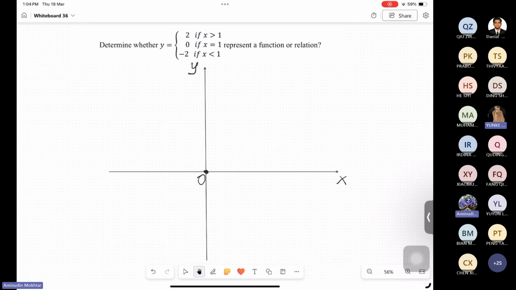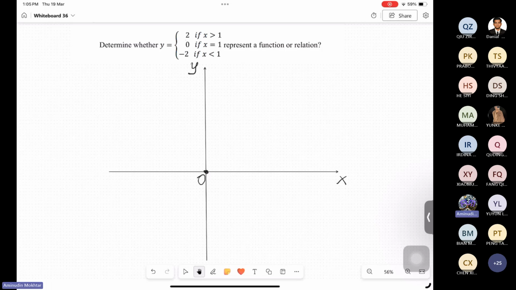This is how to read the first part of this equation. Basically this equation has three parts. When y equals 2, if x greater than 1.